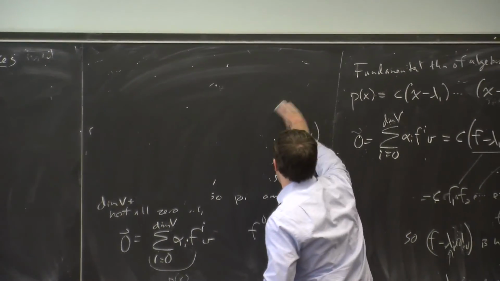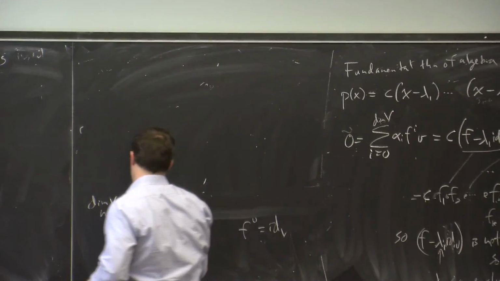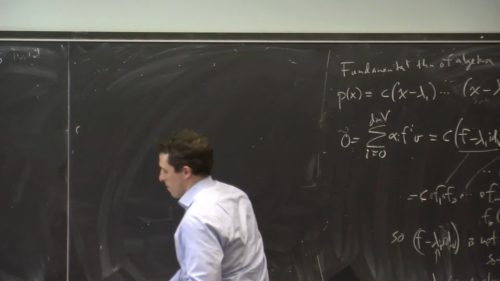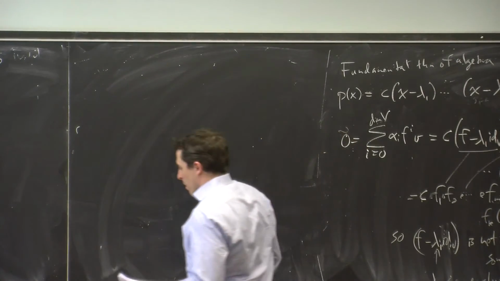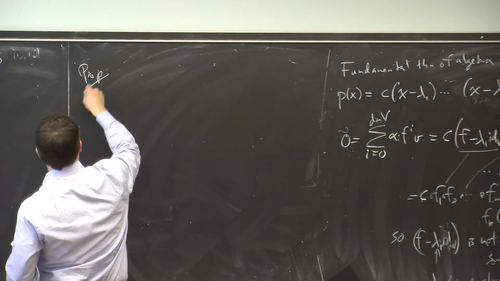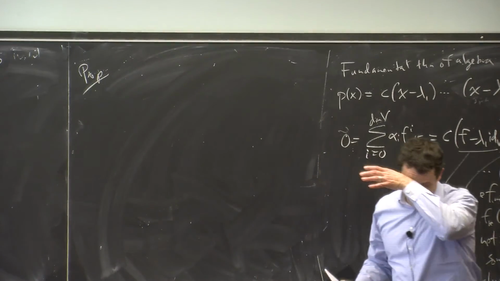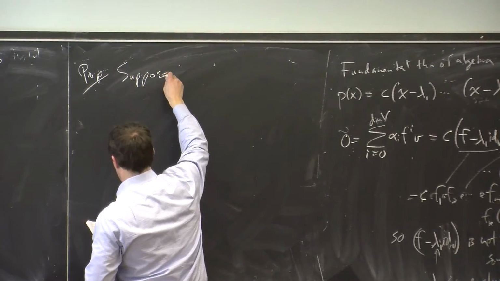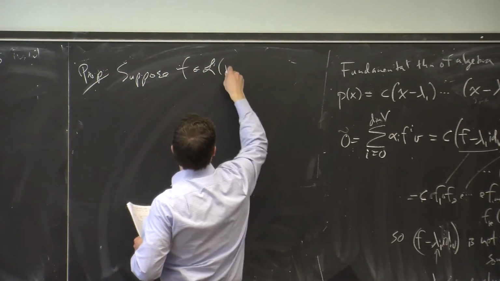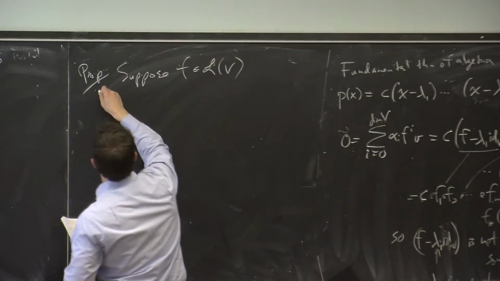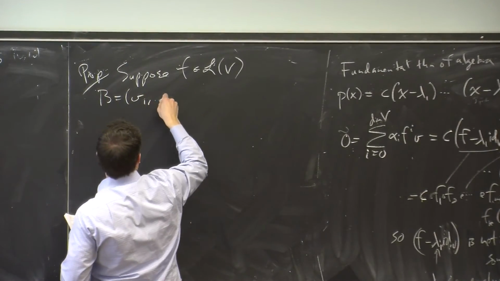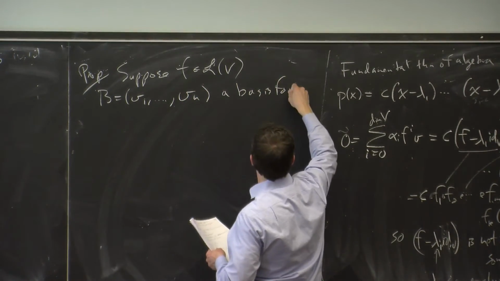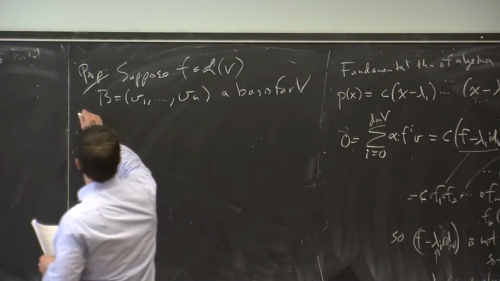And that will be the last theorem we have before the exam. This is a proposition, but I'm not going to give the proof, because you just have to think about it, and then it becomes clear. There's no real argument to make. Suppose F is a linear transformation, and B, v1 up to vn, is a basis for V. Then the following are equivalent.